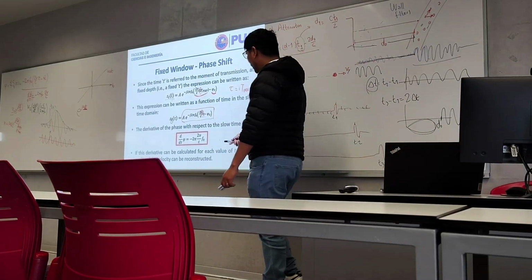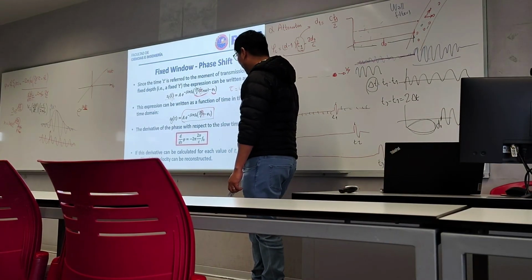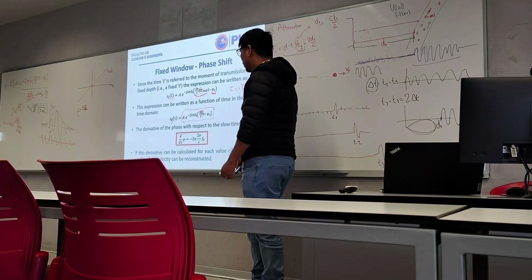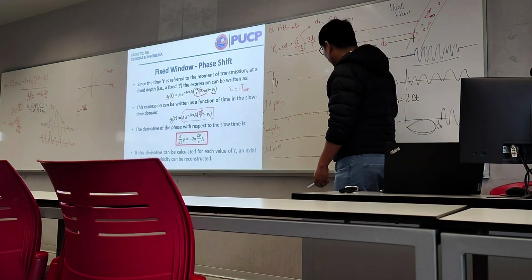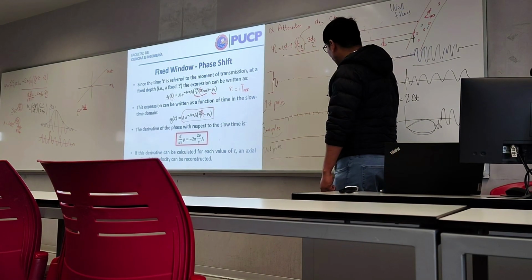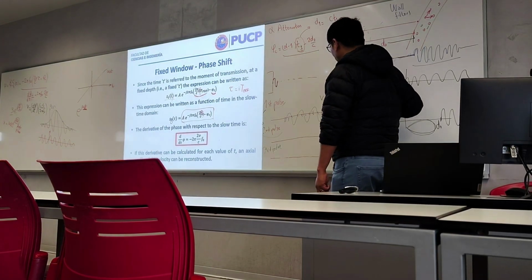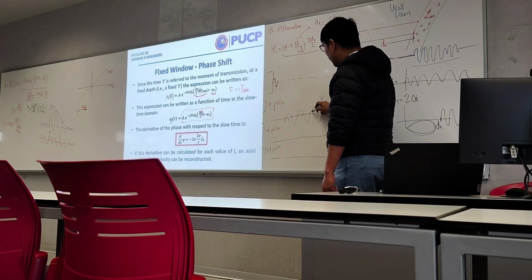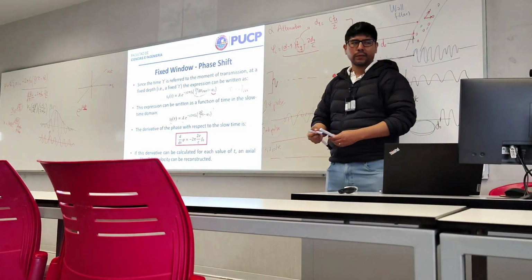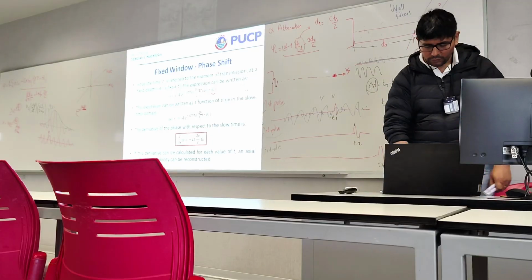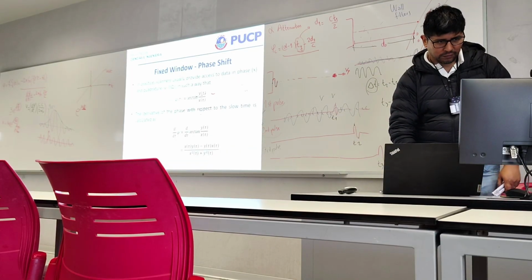If this derivative can be calculated for each value of time, an axial profile of the velocity can be reconstructed. We can calculate this v, the velocity for time 1, v for this time, no? Talking about a more random signal, we can calculate the velocity for every possible time.